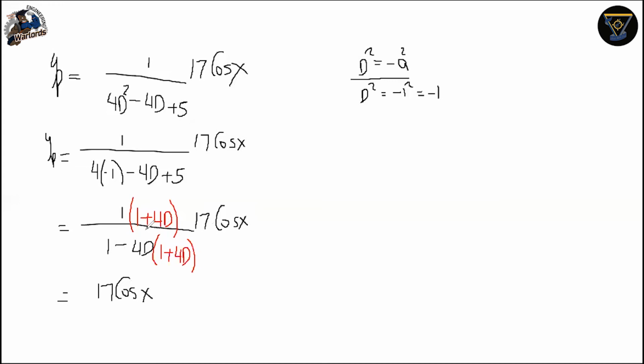And then you have your plus 4d, and you have your 17 cos x. And then you have over, let me put a bracket here. So you're multiplying 1 minus 4d by 1 plus 4d.